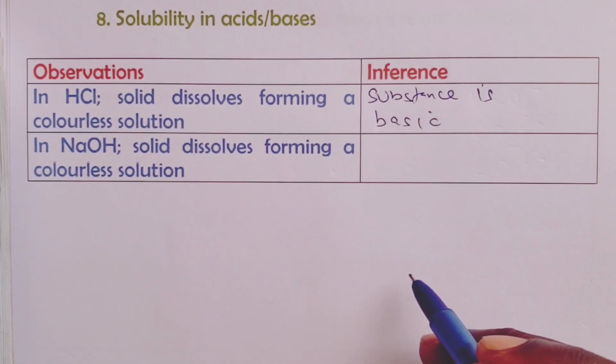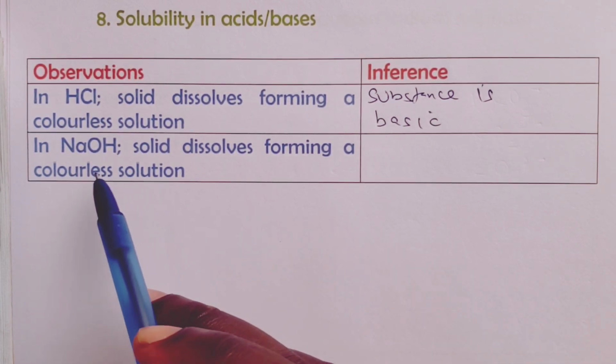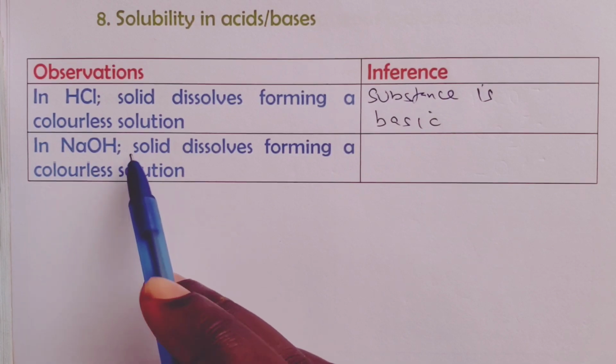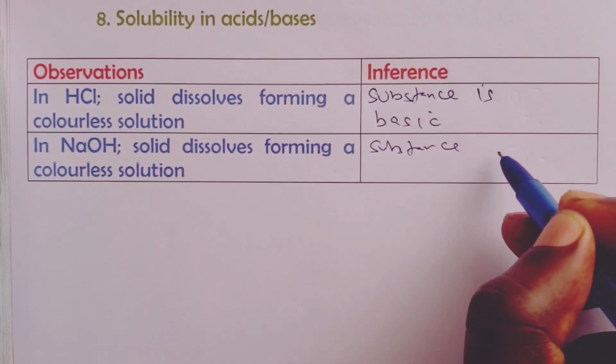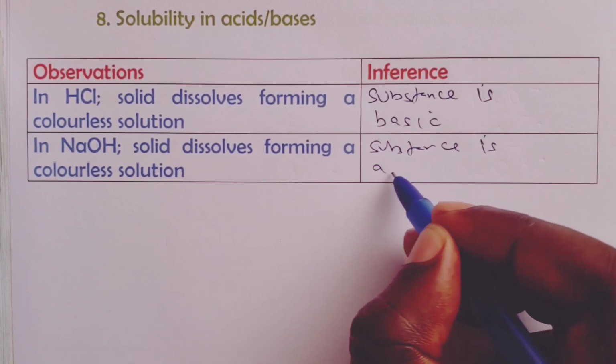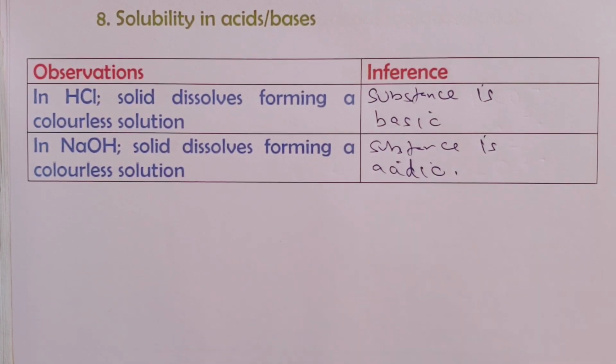That's why it's able to react with or dissolve in the acid. If now you're provided with an alkali and the same happens, then this time round the substance you are provided with is acidic or maybe amphoteric.